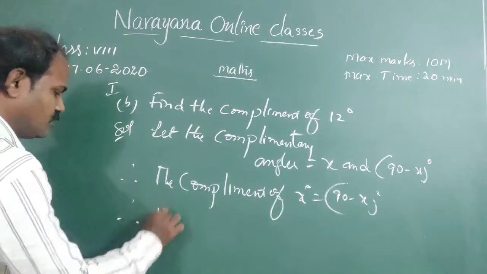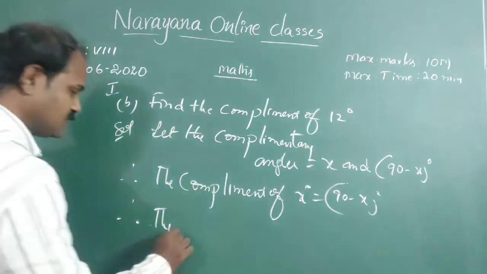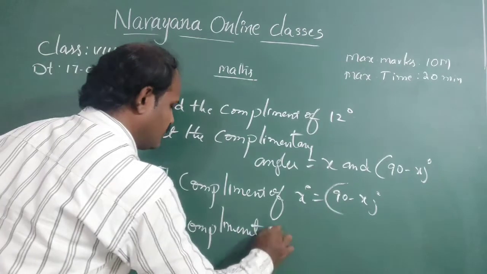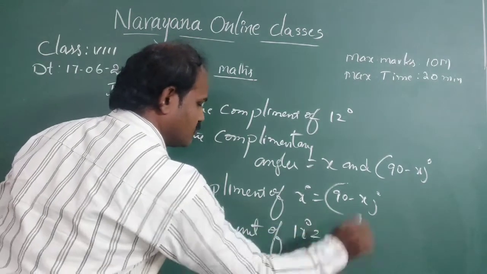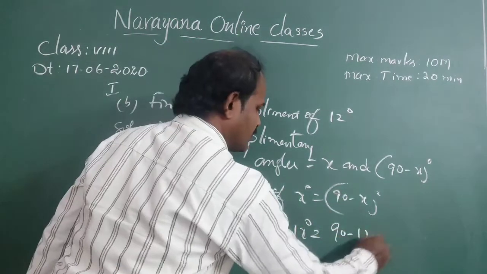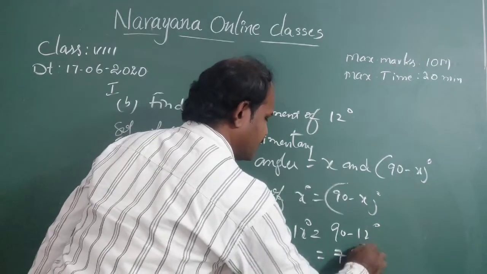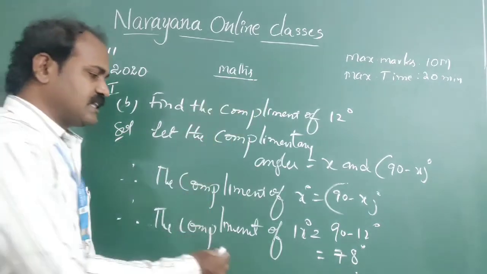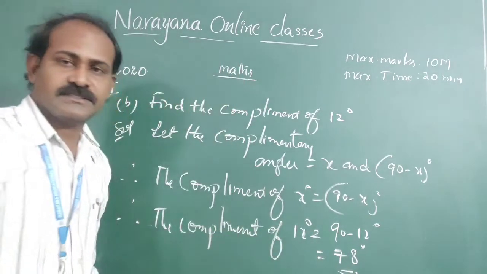Like that, we want the complement of 12 degrees. The complement of 12 degrees is equal to 90 minus 12 degrees, that is equal to 78 degrees. Therefore, the complement of 12 degrees is 78 degrees.